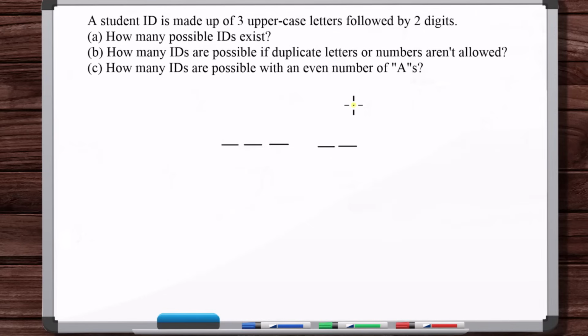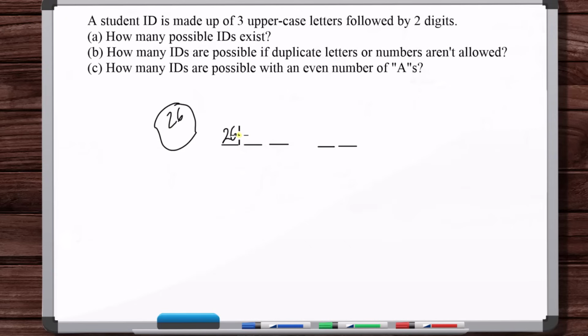We don't know. On the left, 3 uppercase letters followed by 2 digits is a permutation with repetition problem. We could choose from a group of 26 with repetition, because we could choose 3 A's, etc.